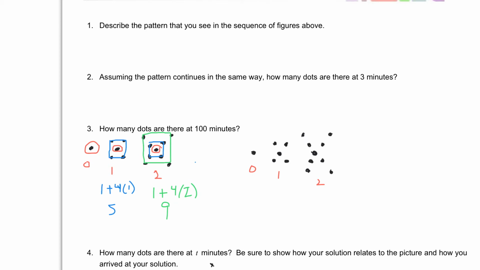So I can think of it for 100 minutes as I started with the 1 dot in the middle, plus I had 4 times 100 minutes. Again, to show you, 1 minute, I had 1 set of 4. 2 minutes, I had 2 sets of 4. So 100 minutes, I'm going to have 100 sets of 4. So this gives me altogether 401 dots.